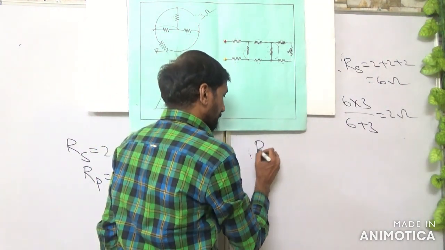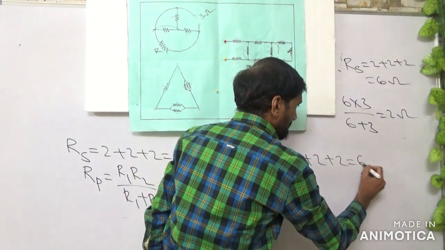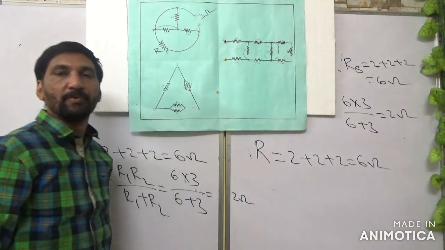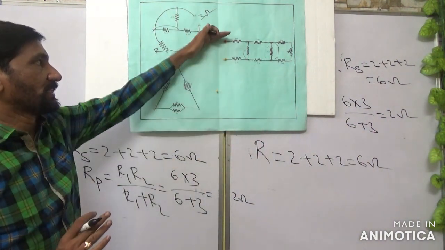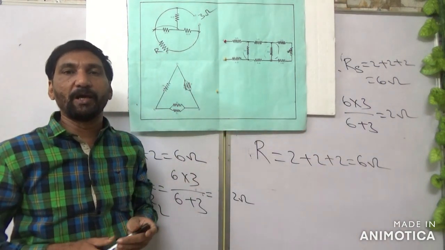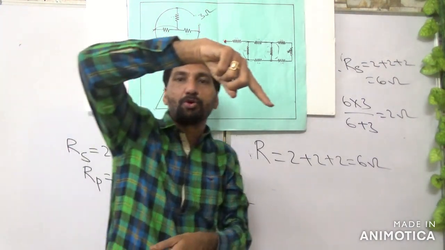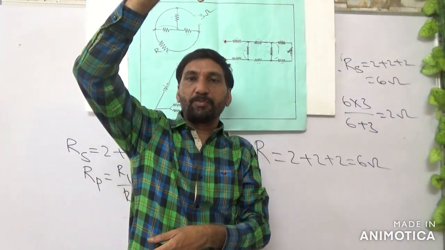So the final resistance is 6 ohm. Very simple. So what is the effective resistance between A and B? 6 ohm. How did we solve this problem? If you want to find it between A and B, elevate and observe. First loop, 3 in series, next to it parallel.